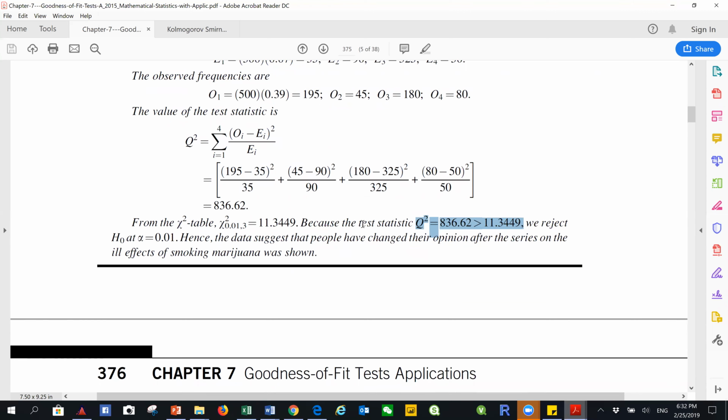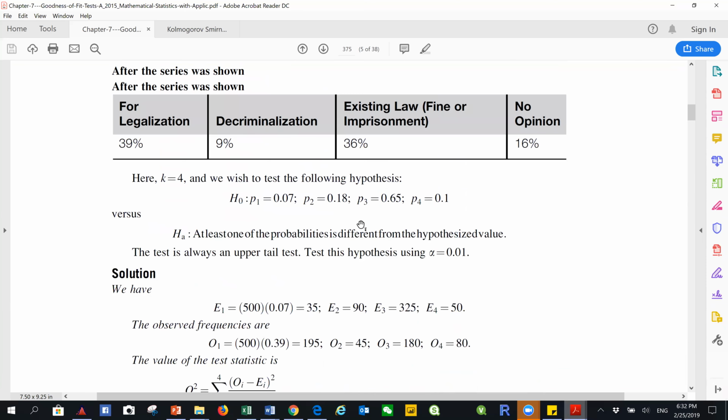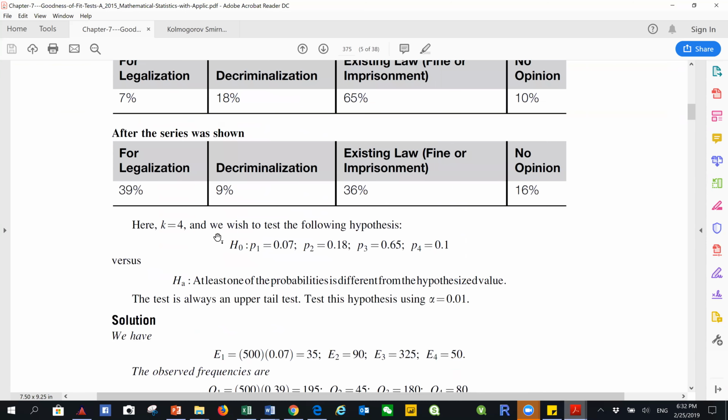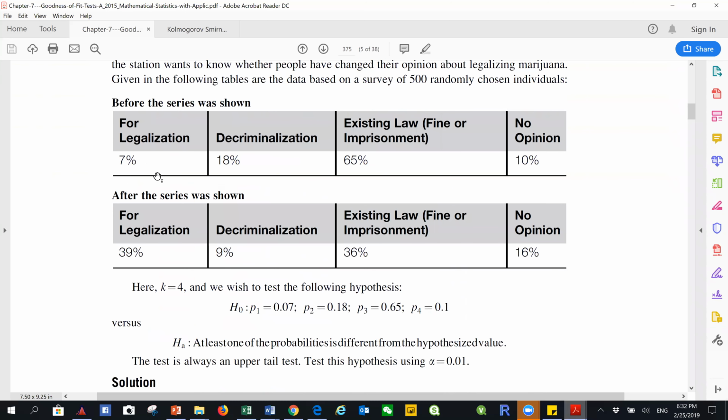They may not want the marijuana, let me see, discrimination for legalization. I think 35 is against. It's just law, fine or imprisonment. Not sure what exactly these mean.